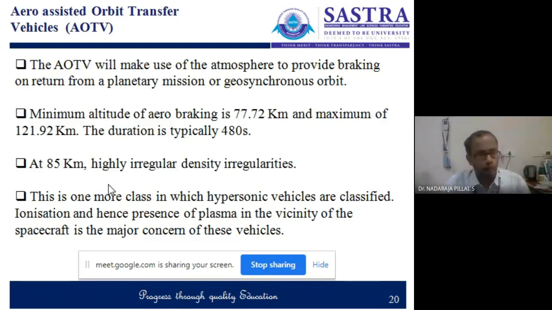So again, one more thing in the hypersonic vehicle is that it travels at a very high speed, so a huge temperature is created. For example, at 800 Kelvin, there will be a vibrational excitation of the air molecules around, and that creates big trouble, right?